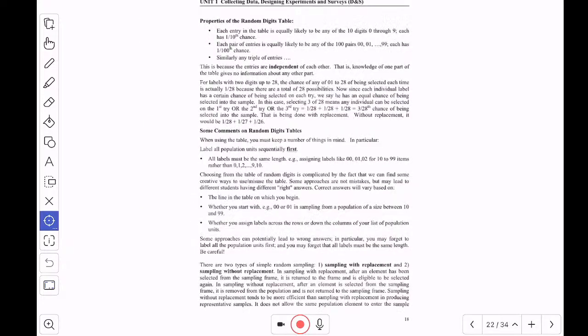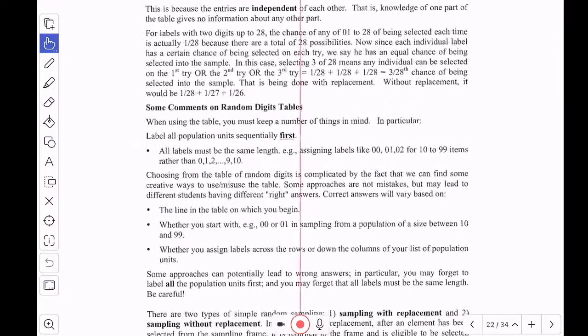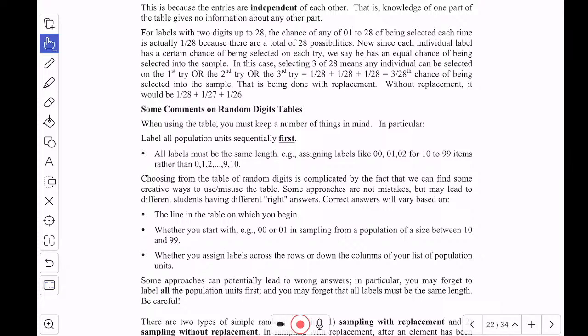So try that out. And then I mention here, there's a discussion about sampling with and without replacement, and the fact that whether you're choosing with labels of size 1 or labels of size 2, this continues to be a simple random sample, because each outcome has equal chance of being selected.